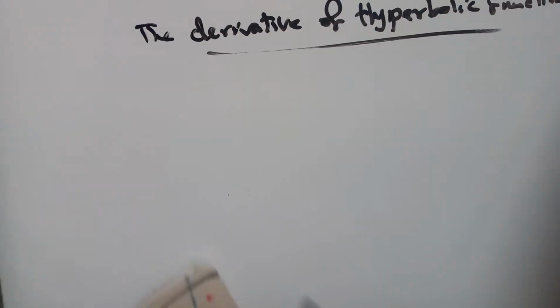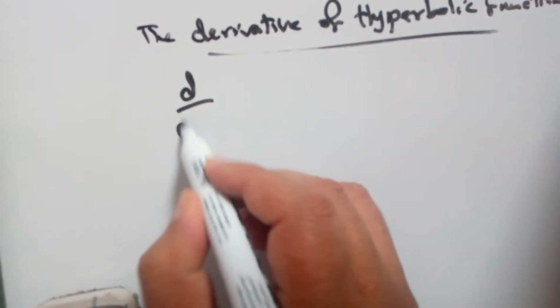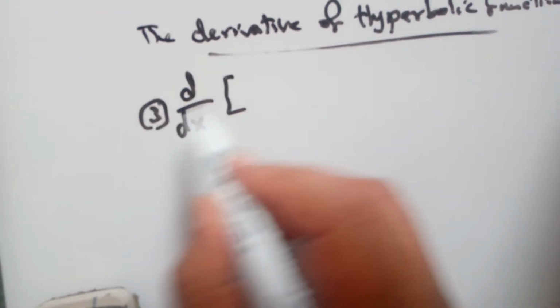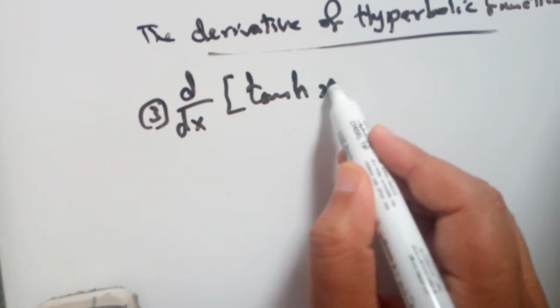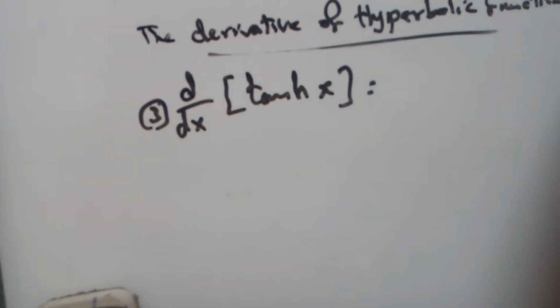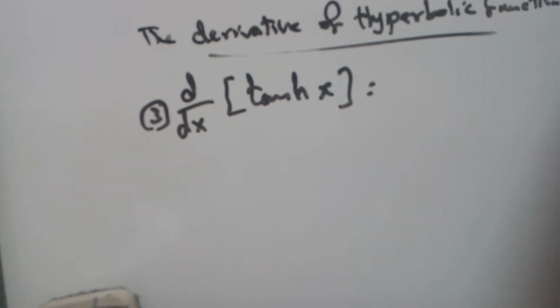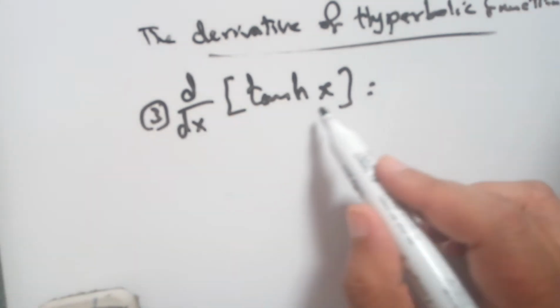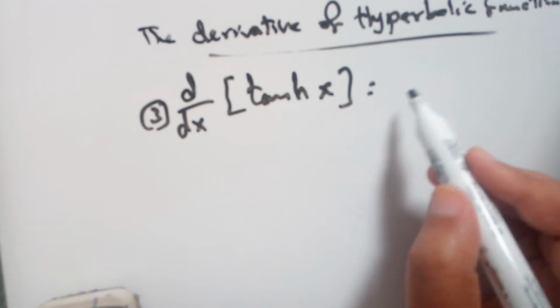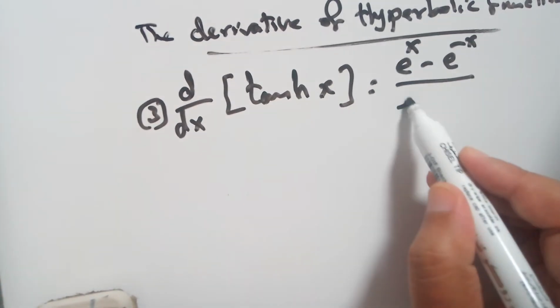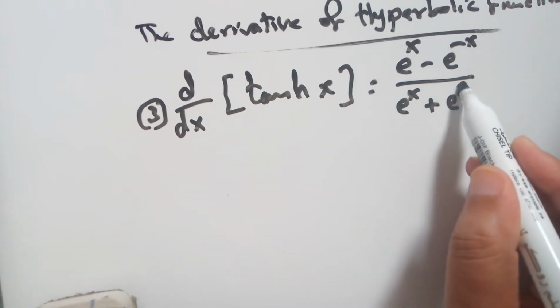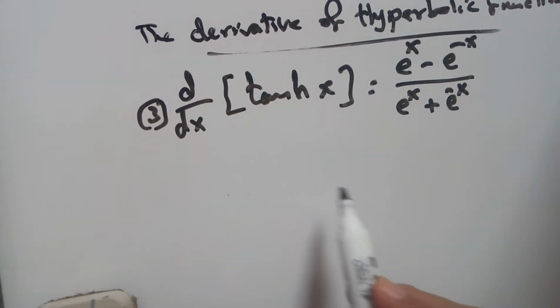What is the derivative for hyperbolic tangent x? We know that hyperbolic tangent is e to the power x minus e to the power negative x divided by e to the power x plus e to the power negative x.